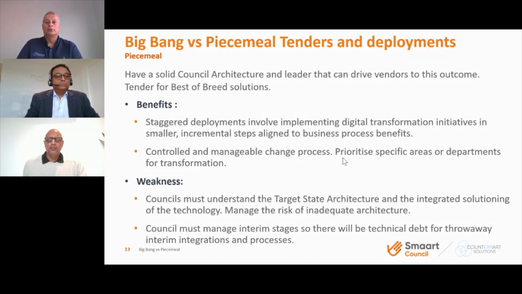There's a lot of technical debt that's incurred. So there's a lot of sunk cost, because what we're trying to do is plug each incremental stage of this piecemeal approach into our legacy spaghetti. So there will be workarounds, because the new system might work in a new way. There'll be new capabilities and workflows, but that may mean that our legacy system, which can't deliver to that, we have to build some workarounds and processes and interim integrations to some of those systems, interim business processes, which may be there as long as it takes to get to the next deployment.